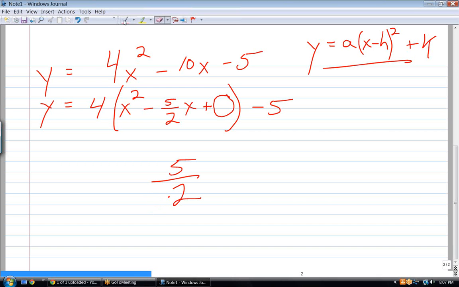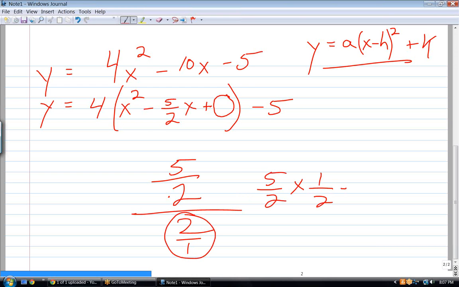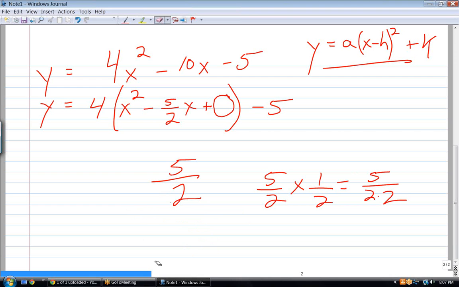Notice that if I were to do it the more formal way, dividing by 2/1, I flip this and multiply, so it becomes 5/2 times 1/2, so that's how the 2 gets in the denominator. But just know that if you're dividing a fraction by a whole number, you can put that whole number as a multiplier in the denominator. So it becomes 5/4 after you take half of it. And I'm ignoring the negative sign because I'm going to square it anyway, so it's not going to affect anything.